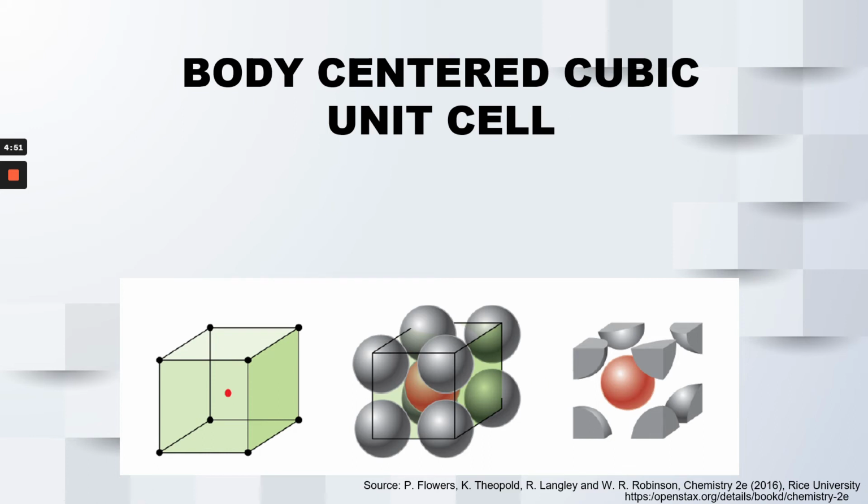Now we go to the body-centered cubic cell. A body-centered cubic cell also has 8 corner atoms, but it has an additional atom in the center of the cube. You can see here, we have 1 additional atom in the center of the cube.